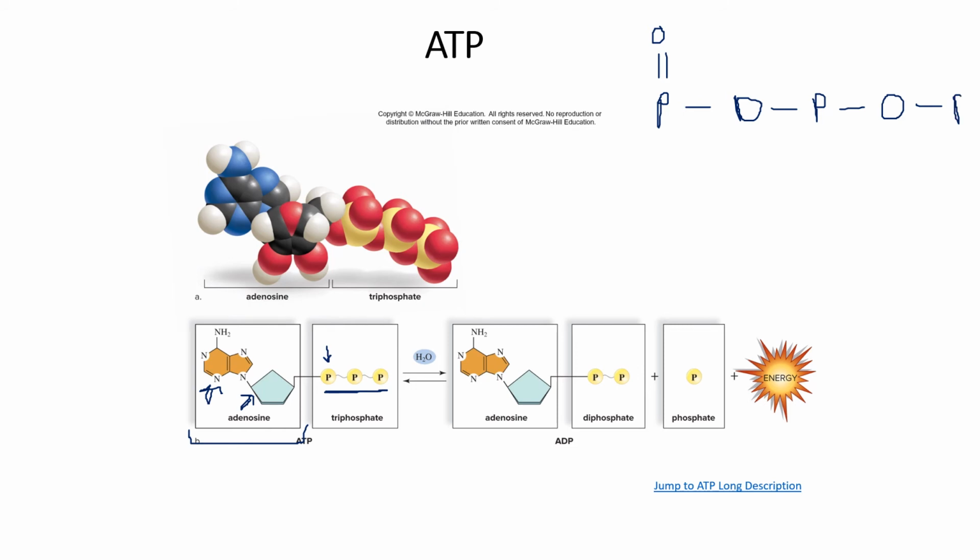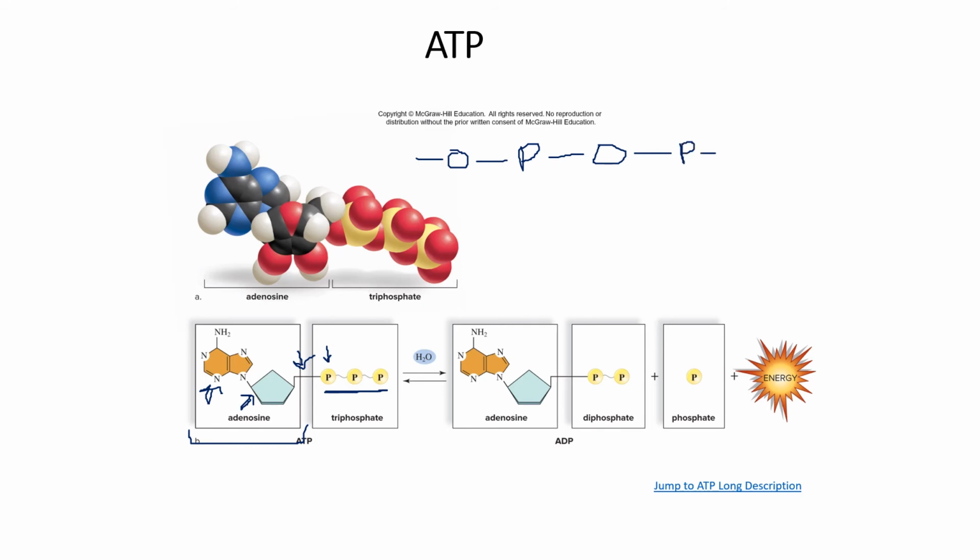Let me draw it where I have more room. So the phosphate will be connected to your ribose via an oxygen. And then it'll sort of alternate. And there's the third.